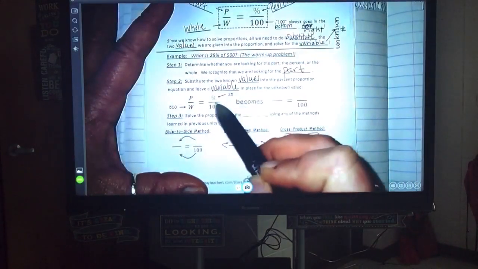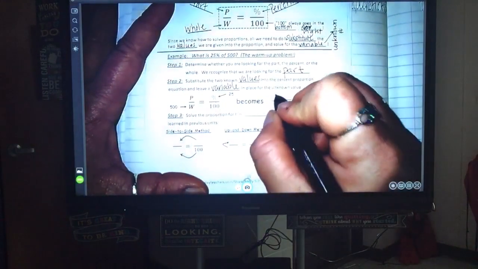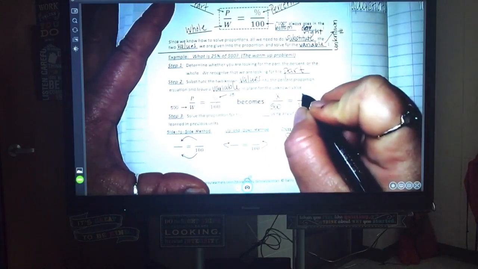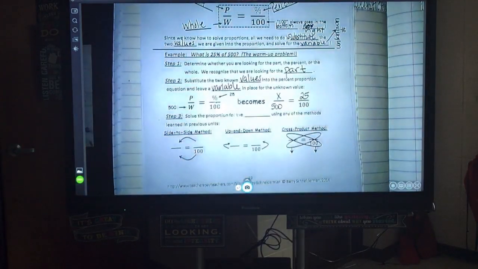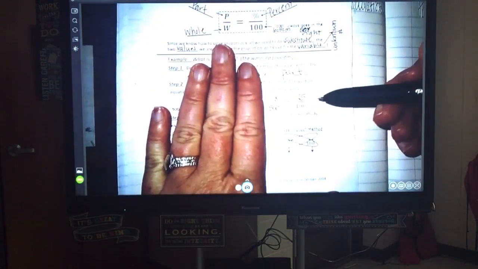So our 25 goes where the percent symbol is, and our 100 goes where the W is. So x over 100 equals 25 over 100. This is you setting up the problem. Okay?